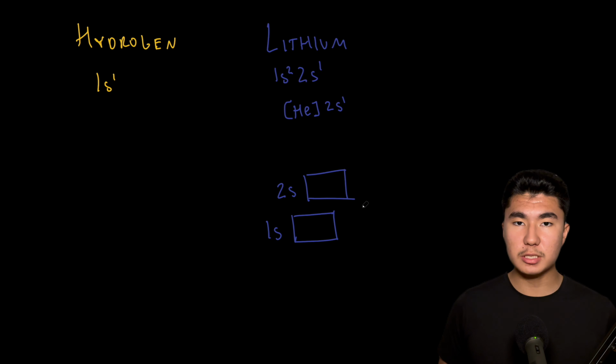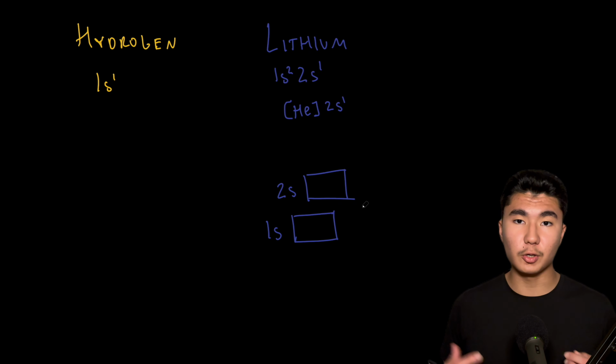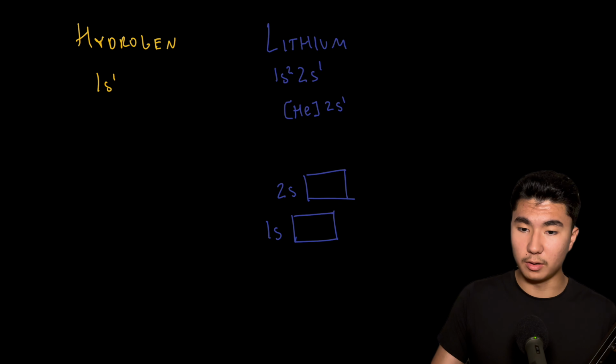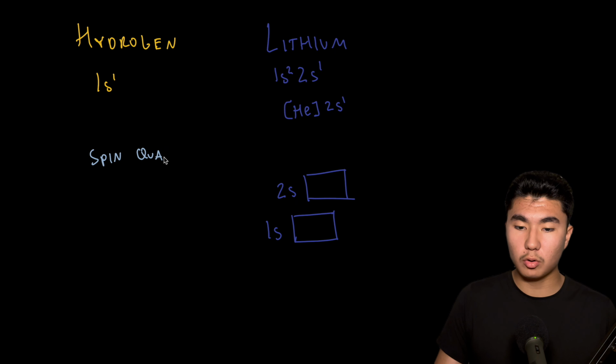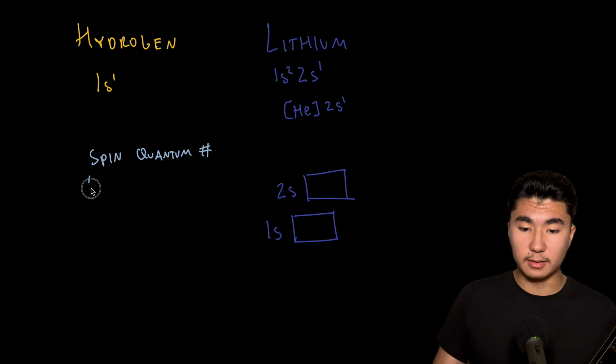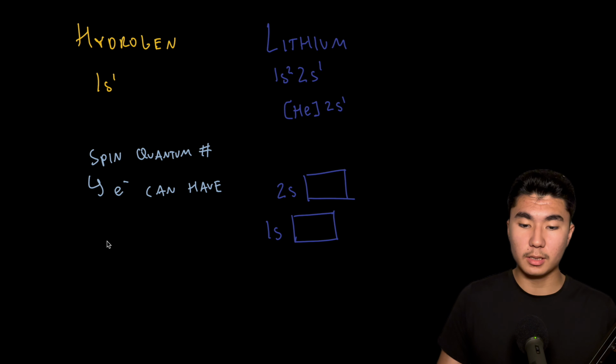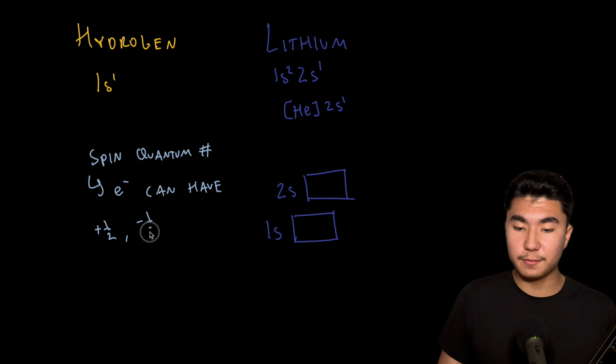Now, there are a couple of principles you have to understand when filling these electron configuration boxes. The first one, and I'll change my color over here, is the spin quantum number. And this is basically saying that electrons can have a positive or negative spin.